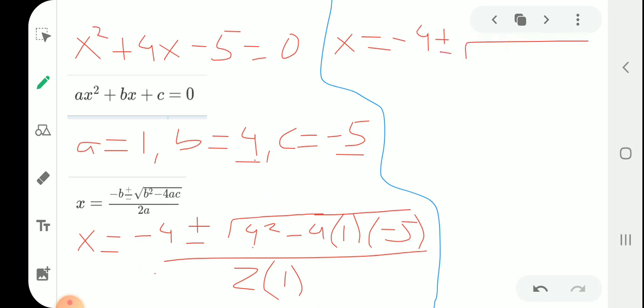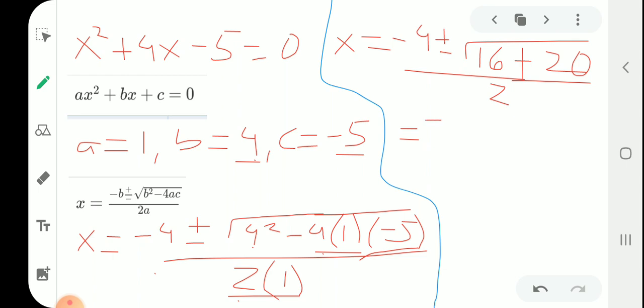We have 4 squared, which is equal to 16, minus 4 times 1, which is 4, times negative 5, which is positive 20. So positive 20, over 2 times 1, which is equal to 2.